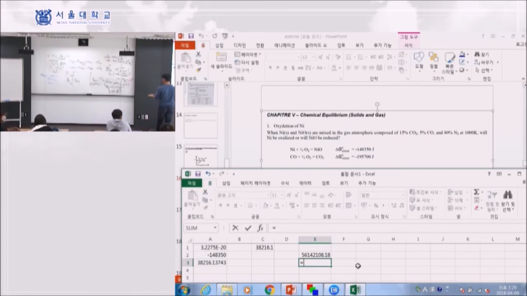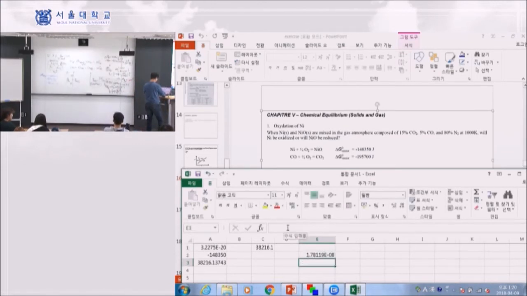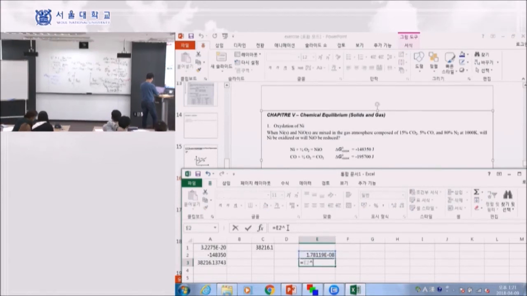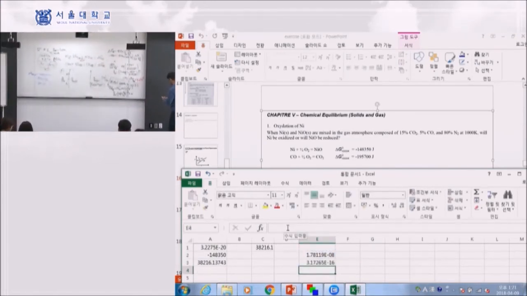The exponential of minus delta G naught 1 over RT. Something is wrong. What's wrong? If I flip it, minus minus, so it's plus here. Sorry, because this is going to the other side it's minus, and then I'm flipping, so it's minus minus, so it's plus here. I'm sorry about that. So this will be this value, then I multiply by 2 square. So 10 to the minus 16. So 3.17 10 to the minus 16.